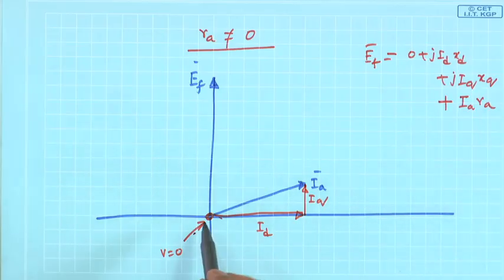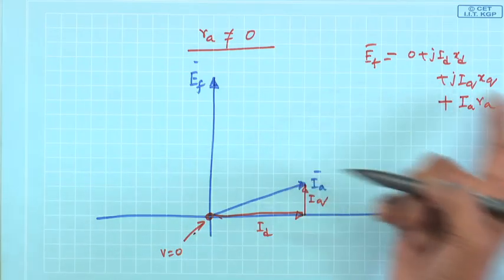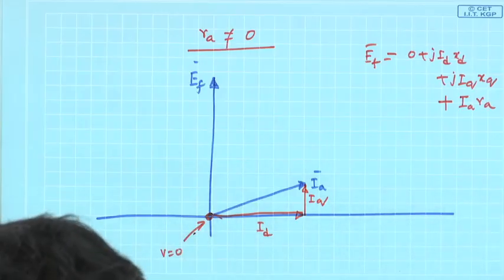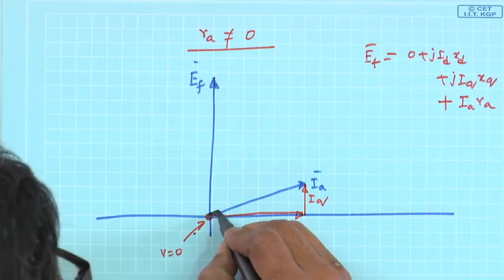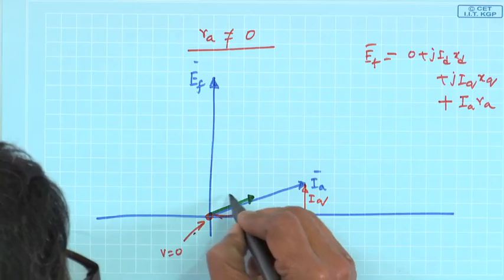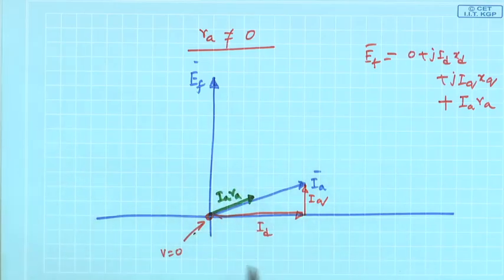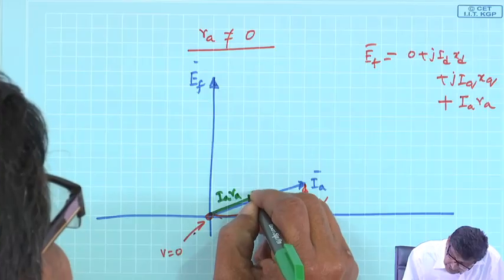This will be the thing, and this must be equal to your E f, that is all. So I start with V equal to 0, then I draw I A R A, using a different color. This is your I A R A, I am drawing it on a larger scale, it is small. I A R A plus j I d x d will be like this.